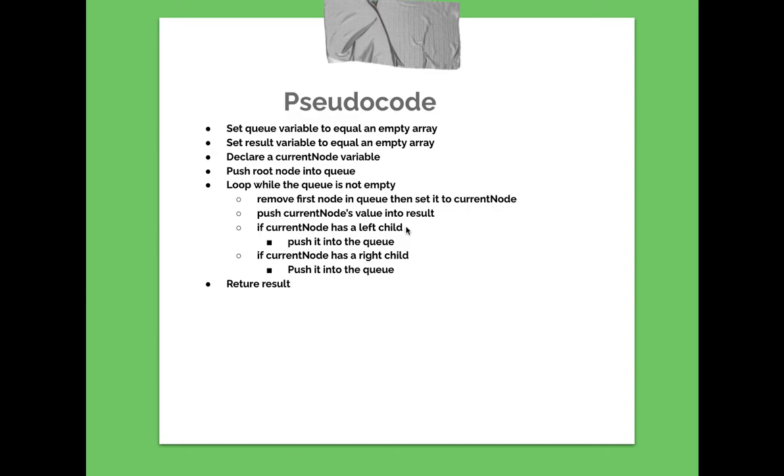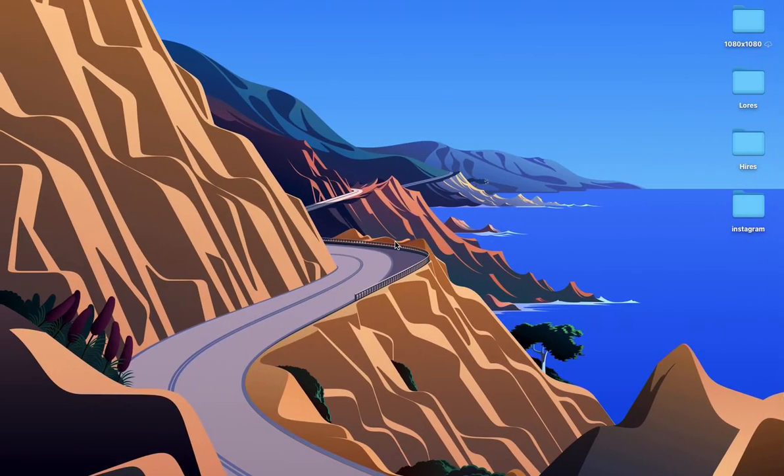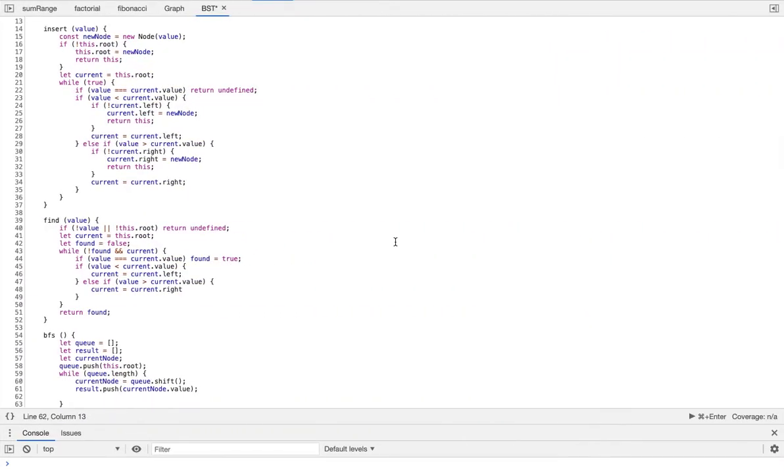Next, if current node has a left child, then push it into the queue. So if current node dot left, then queue dot push current node dot left.